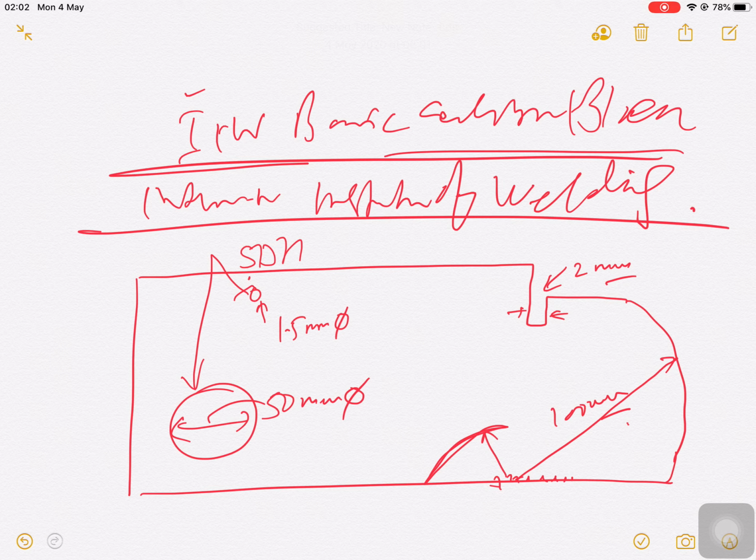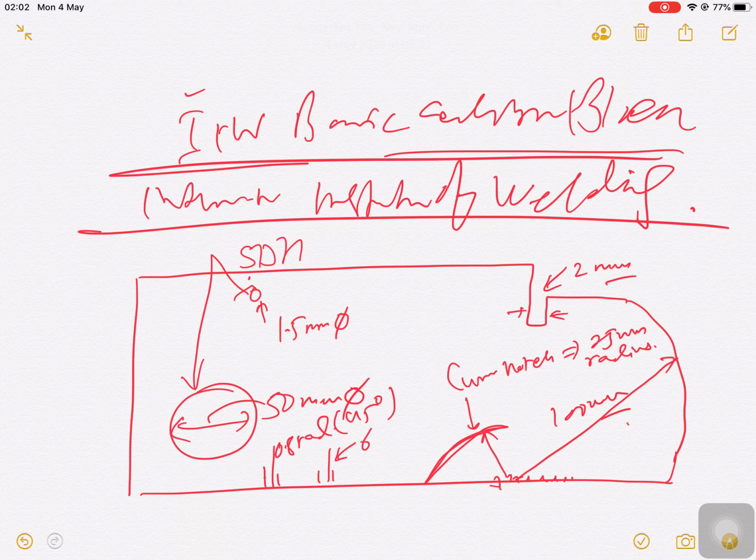This curved notch is a 25 mm radius, and there will also be angles like 45 degree, this is the 60 degree, and this is the 70 degree.